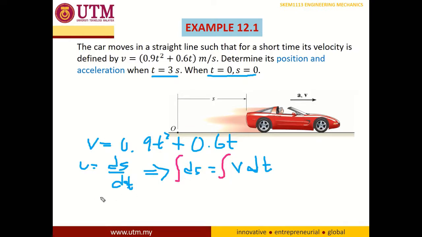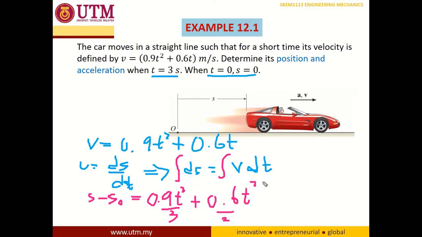Then it becomes s minus s naught equals, if we integrate this equation, 0.9 t cubed, t to the power of 3 divided by 3, plus 0.6 t squared divided by 2.